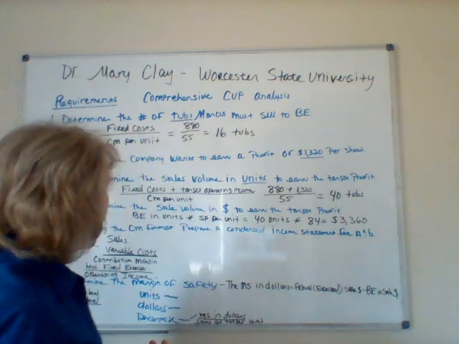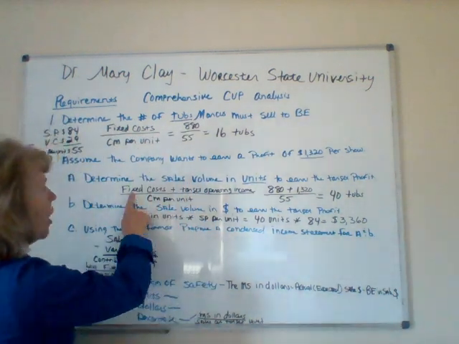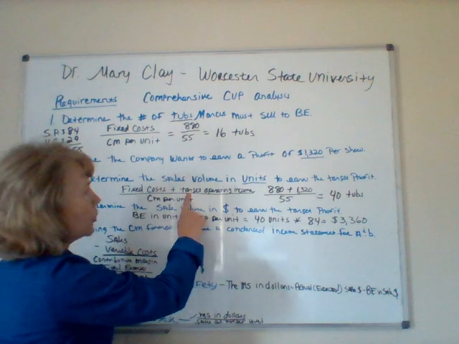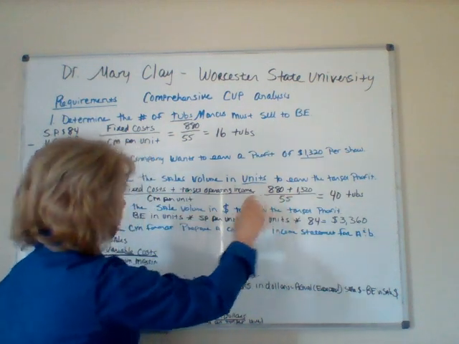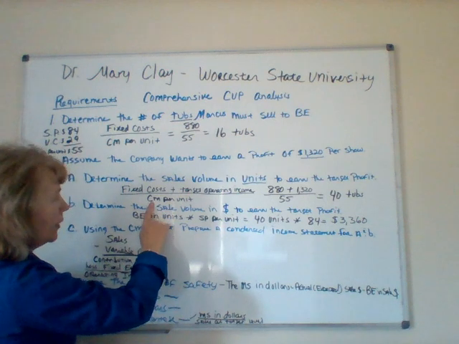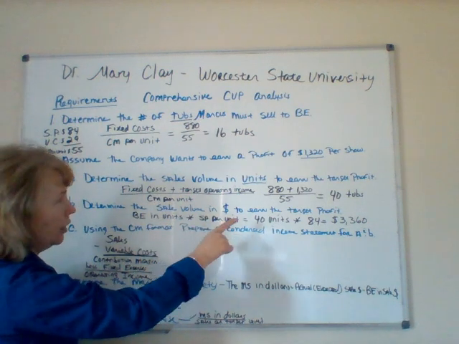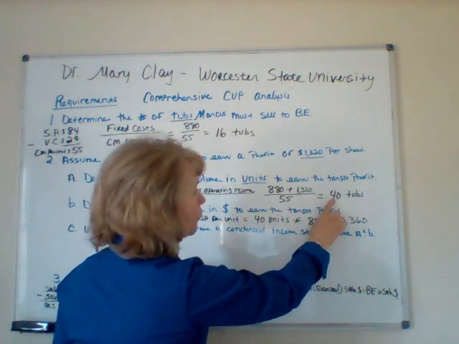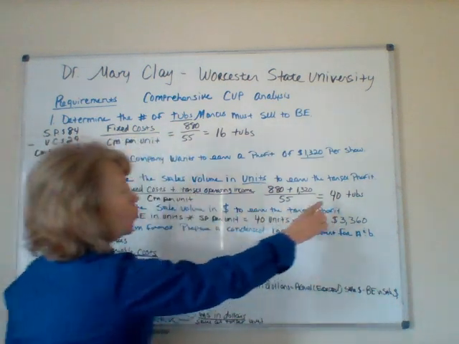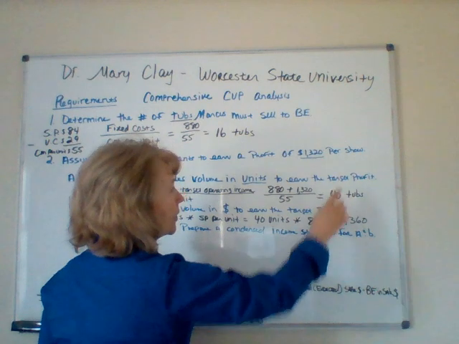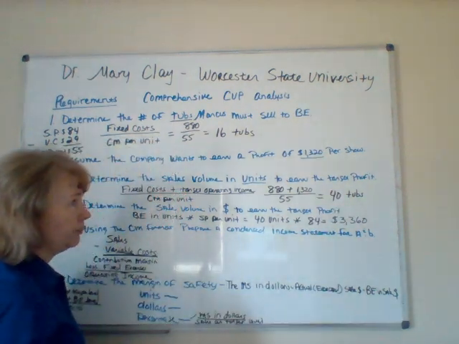How do you derive that? You're going to take fixed costs, add in your target operating income, and that will give you your total. Then you'll divide that by the contribution margin per unit. When you do, you're going to get 40 tubs. So 40 tubs is what they need to sell in order to get this target net income.